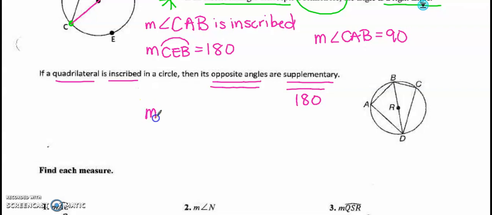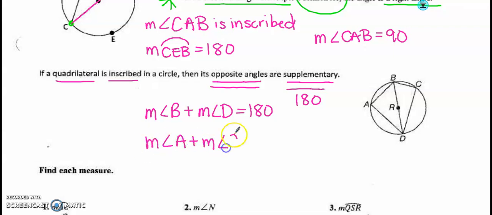This means the measure of angle B, and you have to look for the opposite angle, which is angle D, has to equal 180. And the measure of angle A, and the opposite angle is angle C, is also 180. And that's the gist of today's lesson, inscribed angles.